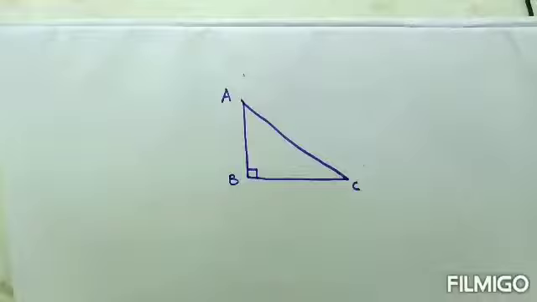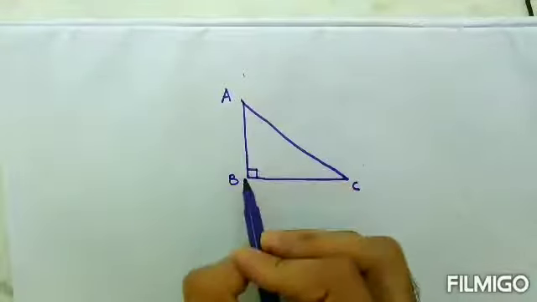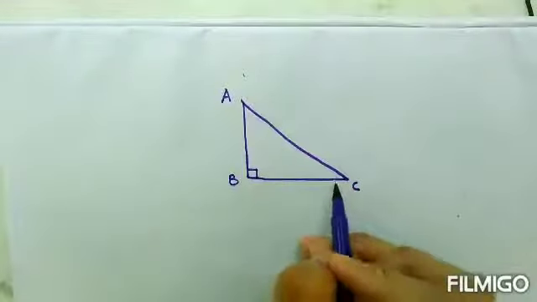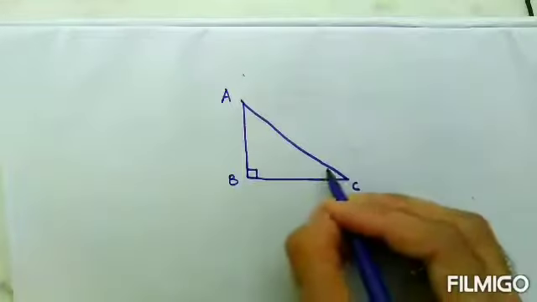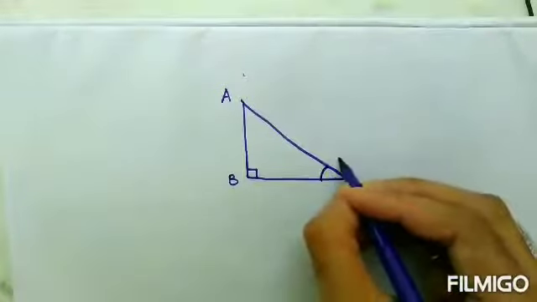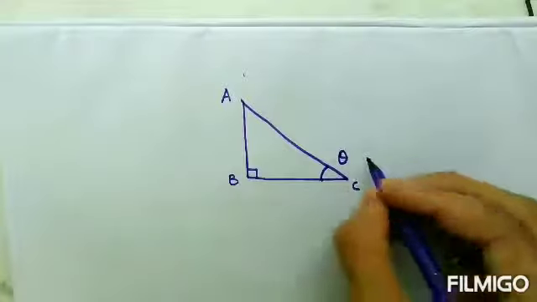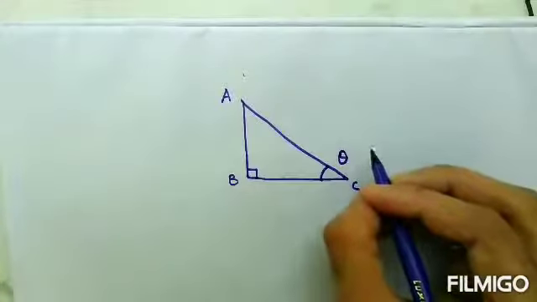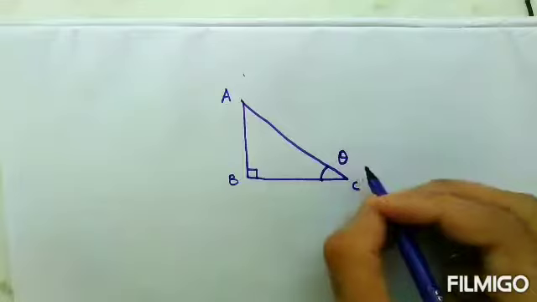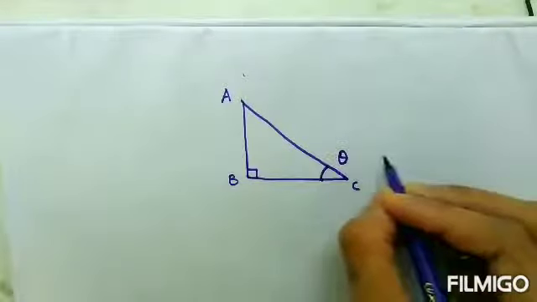So, suppose we are considering ABC as a right angle triangle and considering the angle C, suppose this is theta, which is some unknown or variable like we use in algebra as x and y.